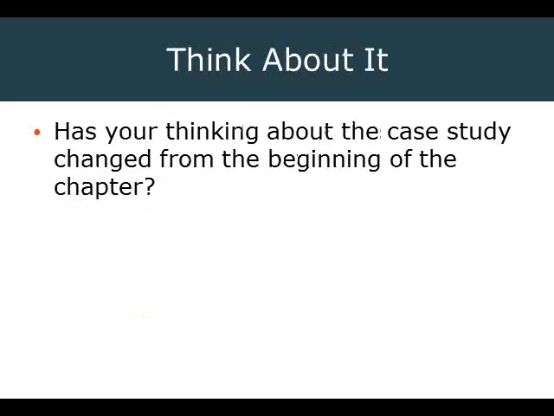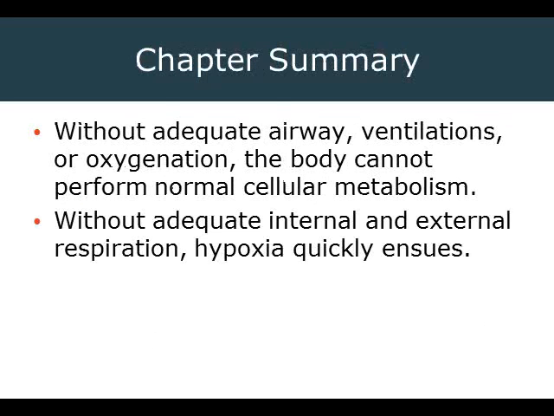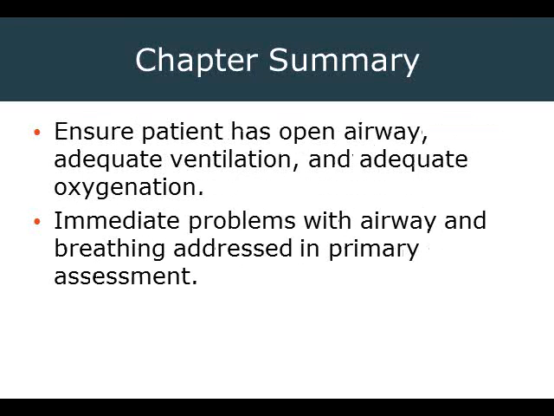All right, so then it runs us into the discussion on your case study again. And so I hope you've reviewed that. Chapter summary: without adequate airway, ventilations, or oxygenation, the body cannot perform normal cellular metabolism. Without adequate internal and external respiration, hypoxia quickly ensues.